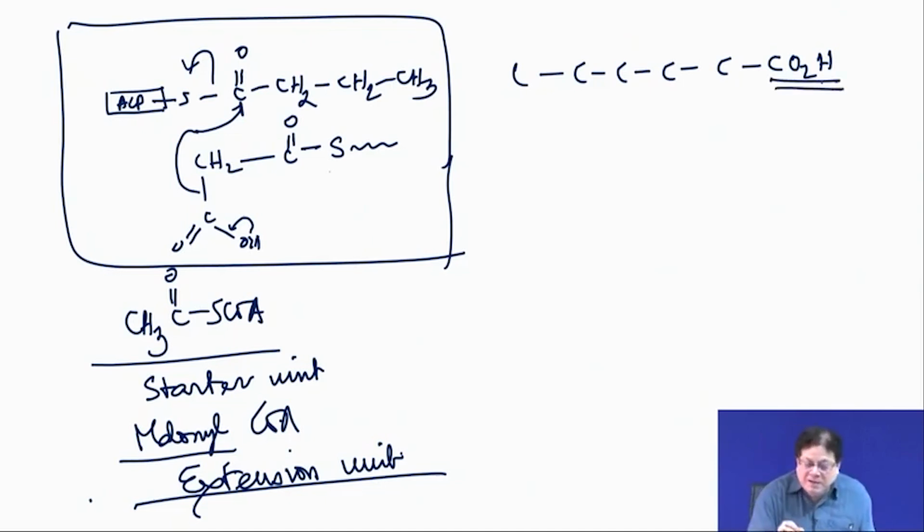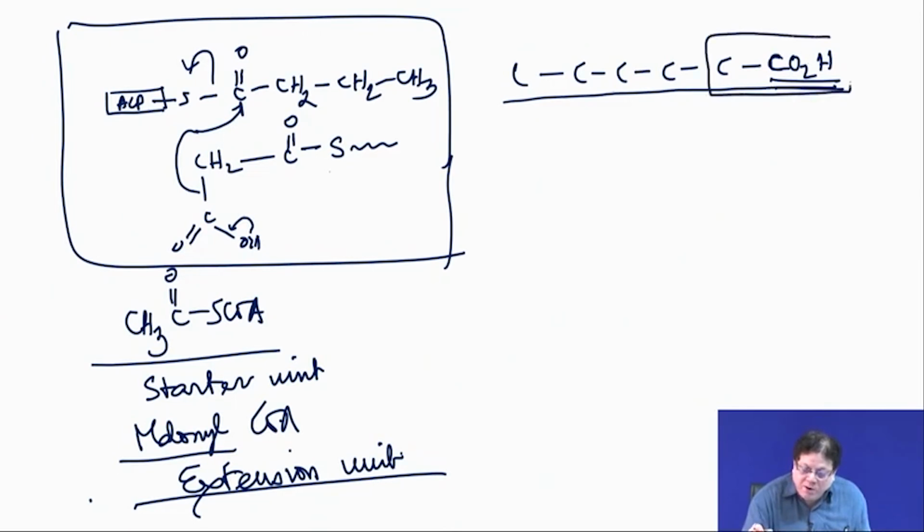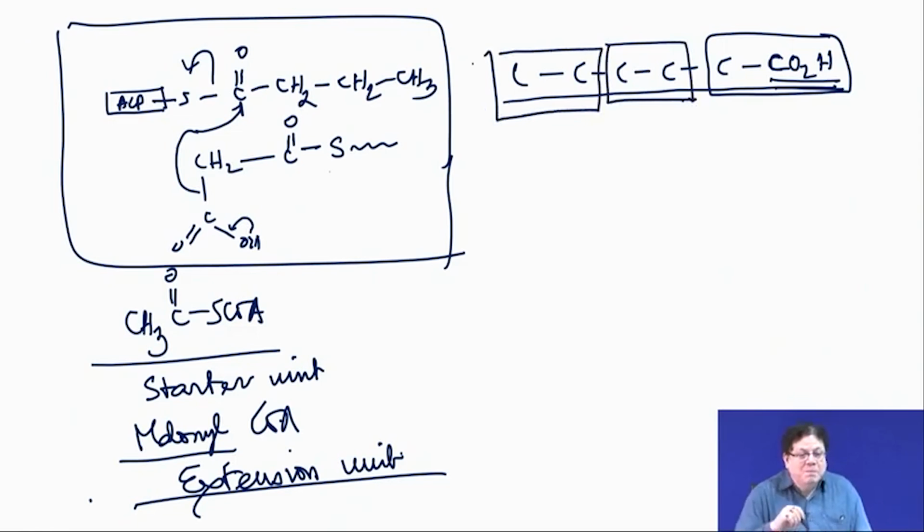Now, if I ask how many malonyl units are present here, what you do is start from this CO2H. So, this is one malonyl unit, then this is another malonyl unit and this is your starter unit. All cannot be malonyl units, so where is the starter unit? Or you can start from this side: the first 2 carbons are your starter unit, then the second pair of carbons comes from the extension unit. So, that is malonyl, this is also malonyl.